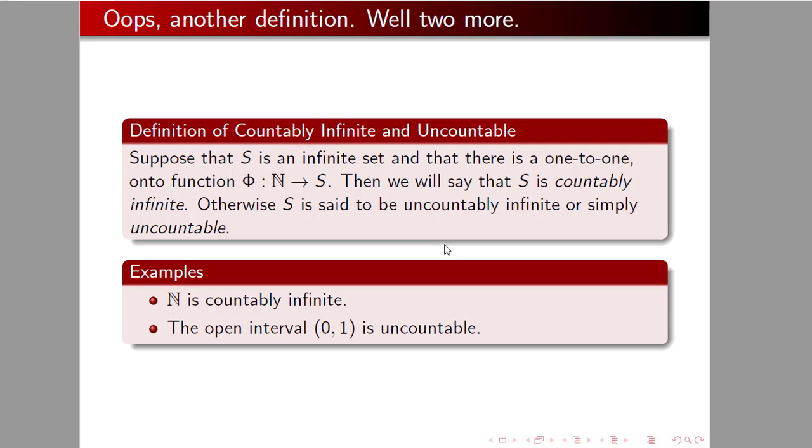Otherwise, S is said to be uncountably infinite, or simply uncountable. Some examples here: the natural numbers are countably infinite, and the open interval from 0 to 1 in the real numbers is uncountable.